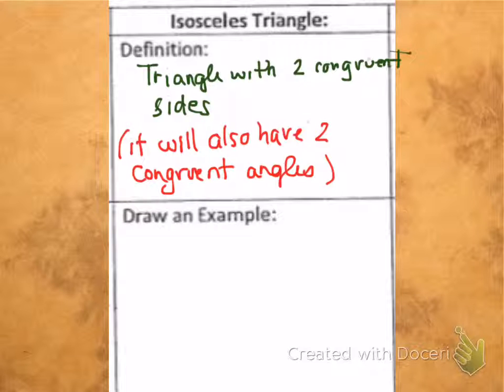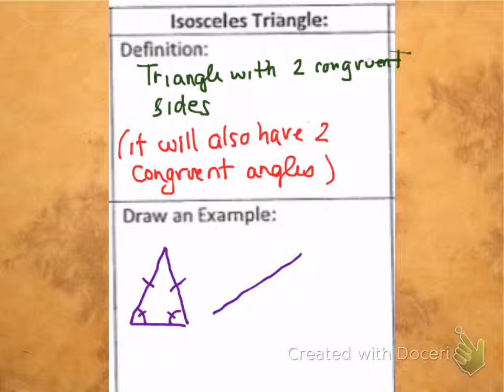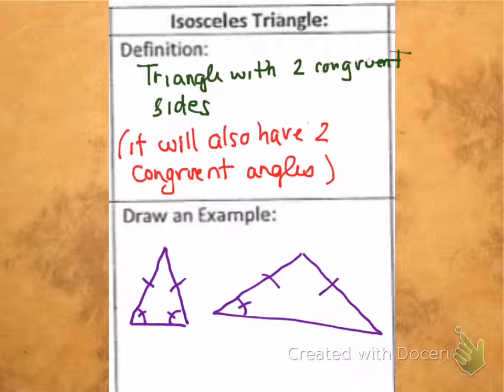So to draw an example of that, I'm going to draw two examples of this. I want you to see one where the angles are acute. So that's isosceles with two congruent sides and two congruent angles. But we could also have an obtuse isosceles, two congruent sides and two congruent angles.